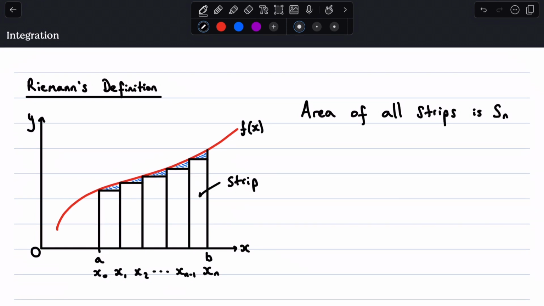How could we work out that area A? The way of working out this area under the curve, we could start by imagining a large number of strips, so each one of these rectangles is a strip, and summing up all of the areas of each strip together. So if we imagine each strip is between x0 and x1 is the first strip, then x1, x2, etc., and we end up going all the way up to xn.